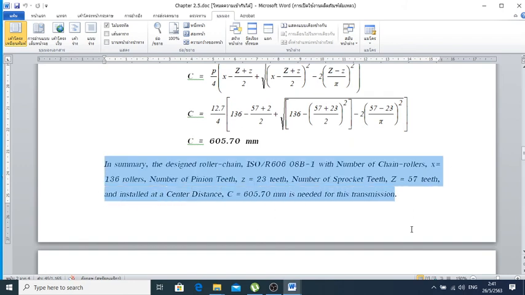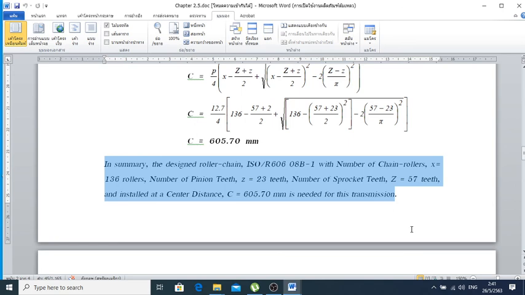So this comes up with the design of the roller chain 08B, one strand. For 136 links, I'm going to buy a pinion with 23 teeth, and then the sprocket with 57 teeth, and the assembly, everything at a center distance of 605.7 respectively.